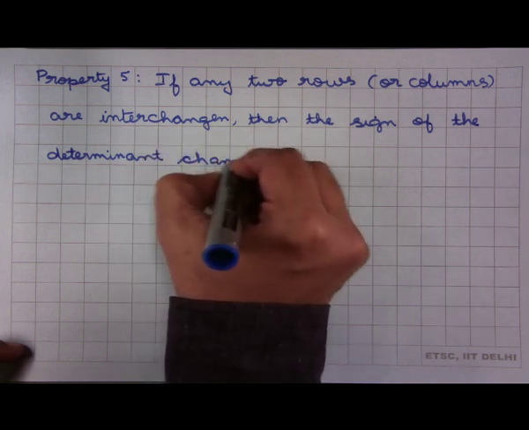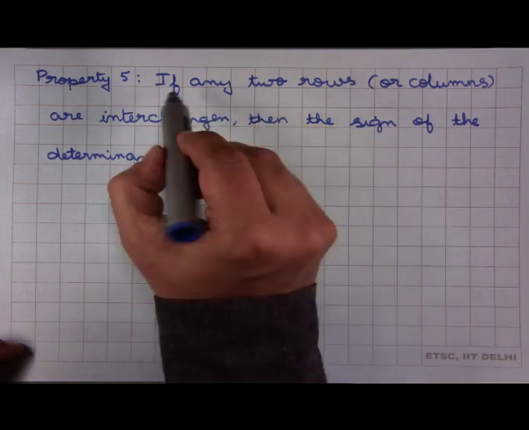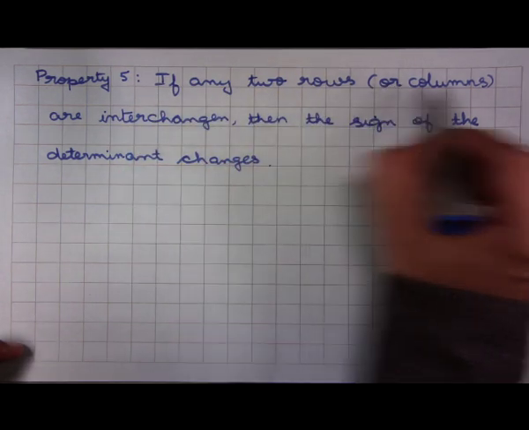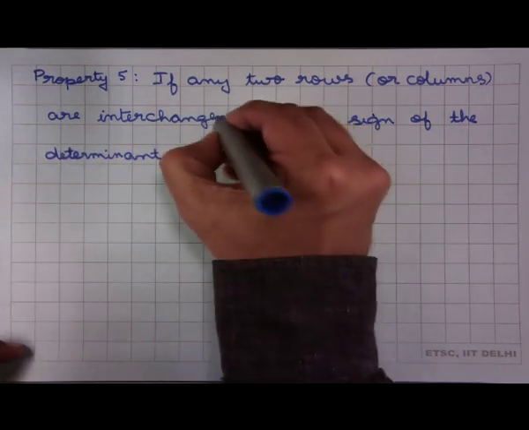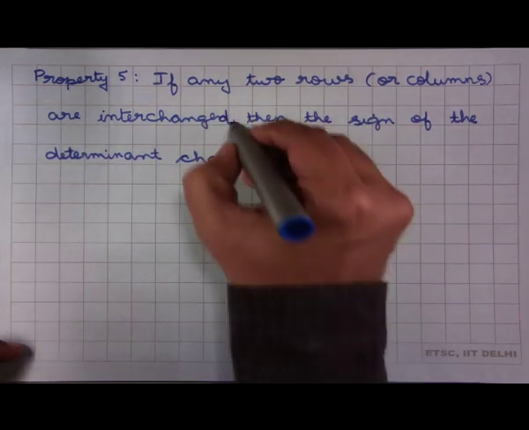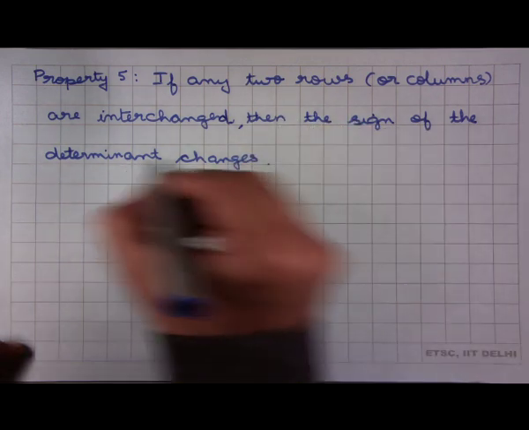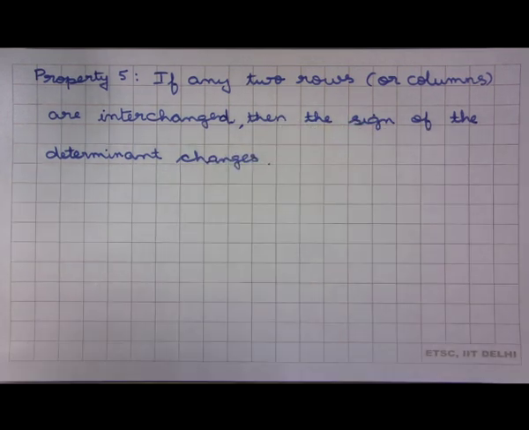So, let me read this again. If any two rows or columns are interchanged, then the sign of the determinant changes, right.